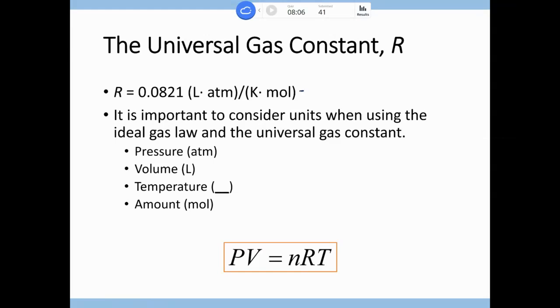R is also equal to, please write this down, this will be used in the future. You might remember, liters times atmosphere can be converted to a joule. So the universal gas constant converting liters times atmospheres to a joule is 8.3145 joules per Kelvin times mole.